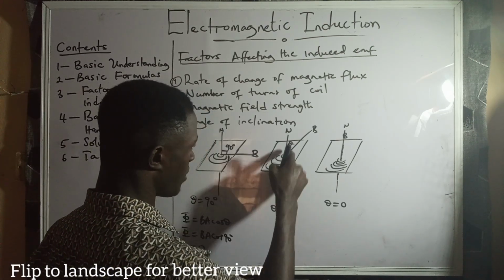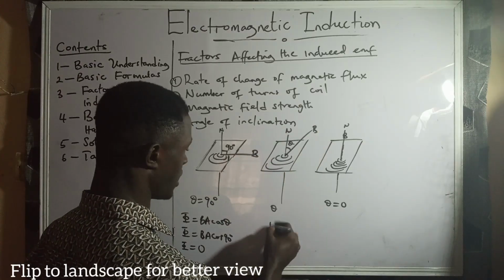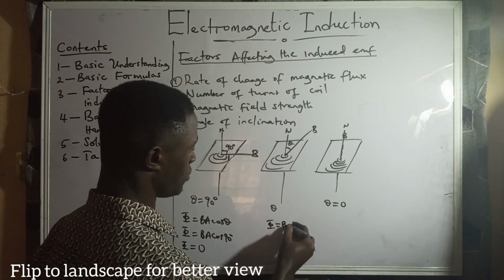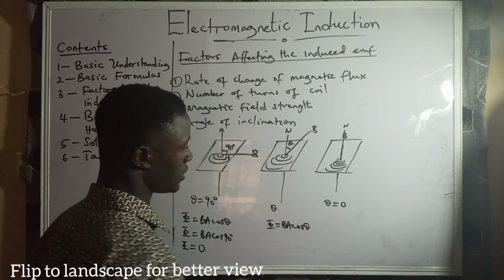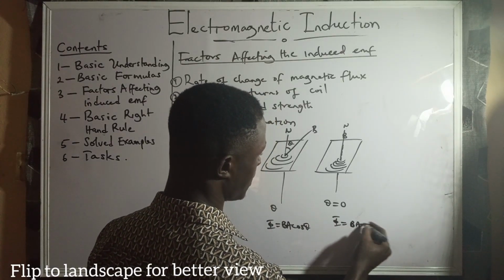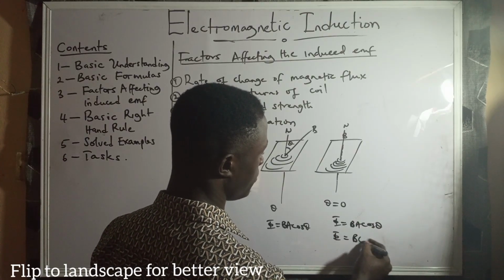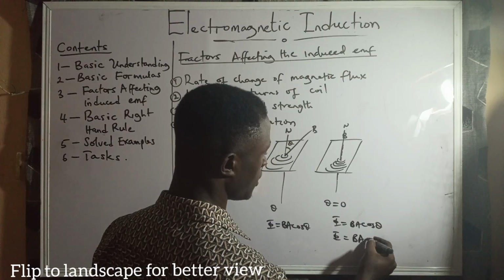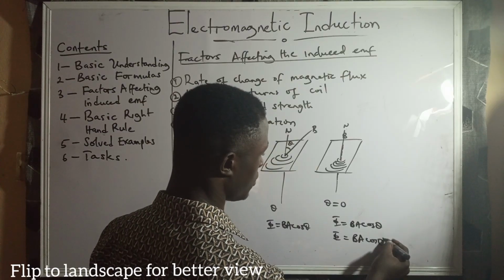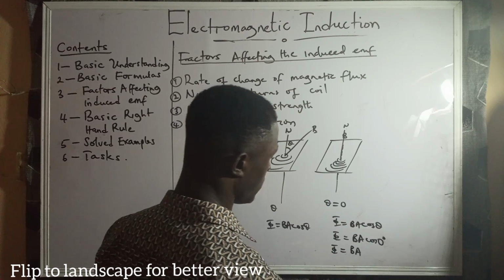And then since our magnetic field is inclined at an angle here, your magnetic flux will be BA cos theta. But for here, your magnetic flux is BA cos 0. Cos 0 will give you 1. So 1 multiplied by BA will be BA.